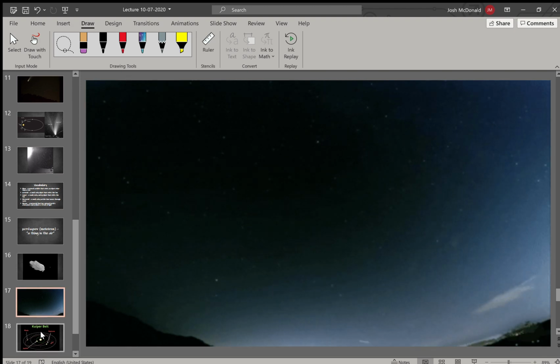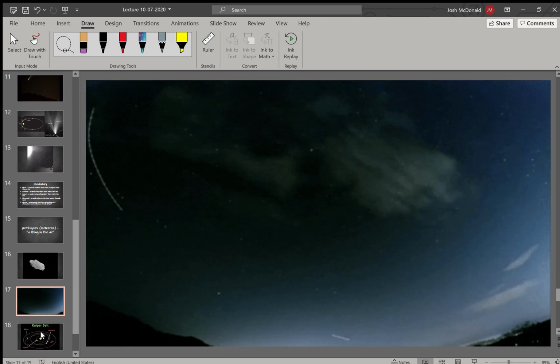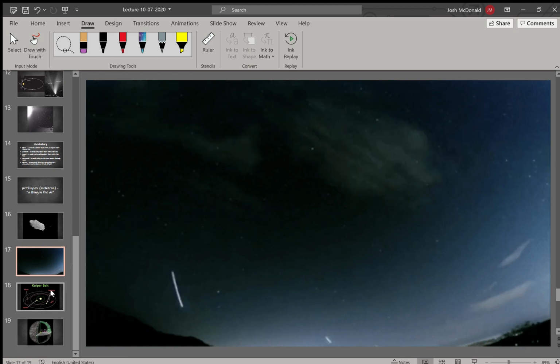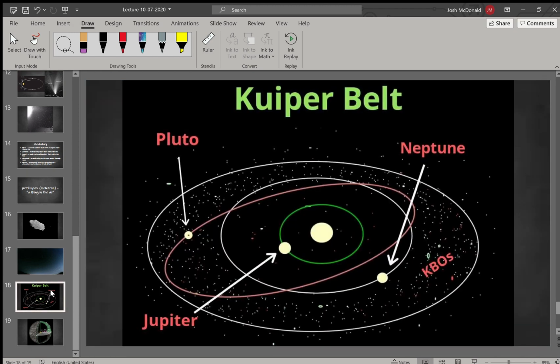Now, outside of the orbit of Neptune, we have what's known as the Kuiper Belt. And the Kuiper Belt is an area where, in fact, Pluto's orbit is, and it's filled with objects very similar to the asteroid belt, but the objects in the Kuiper Belt are not just rocky; they're also made of ice.